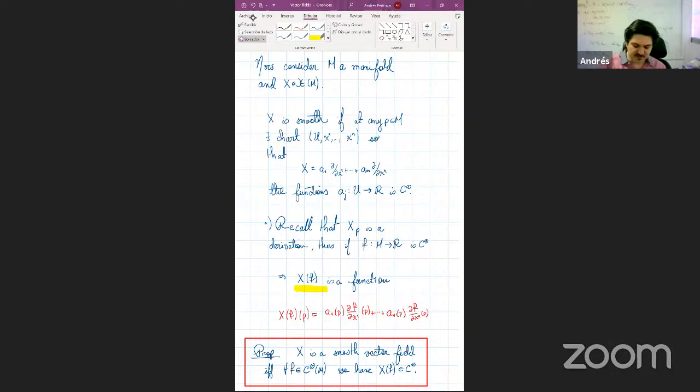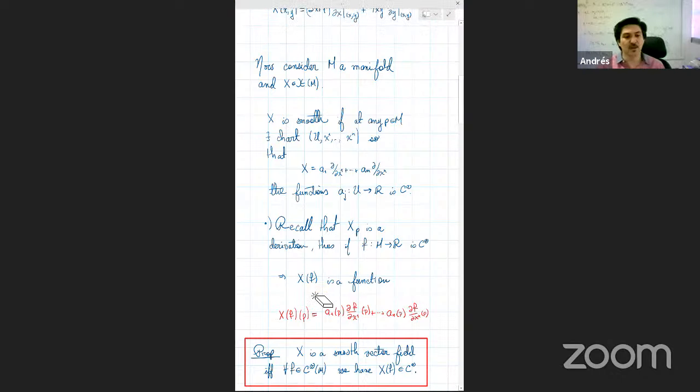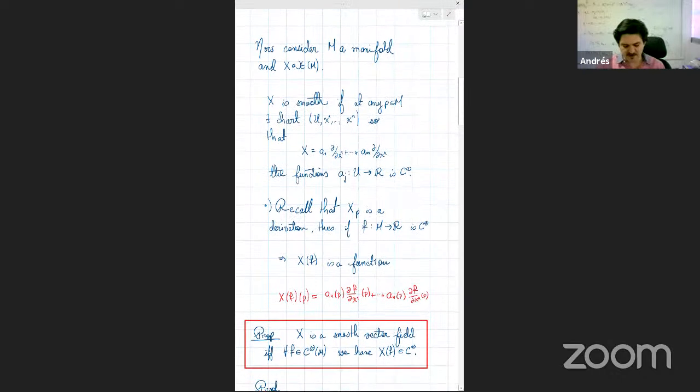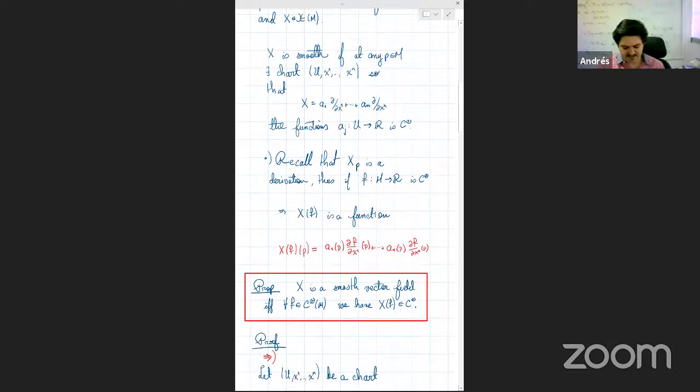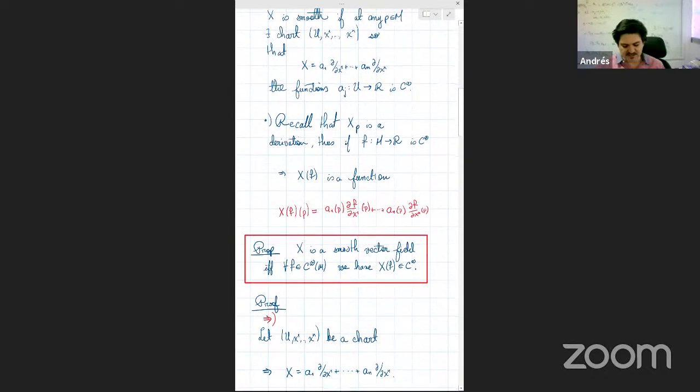And so let's try to see this just to warm up with our concepts. Being smooth is something local. It is a concept that is in a small neighborhood of a point. That's the concept of smoothness, the same that you know from calculus. So let's pick a chart.